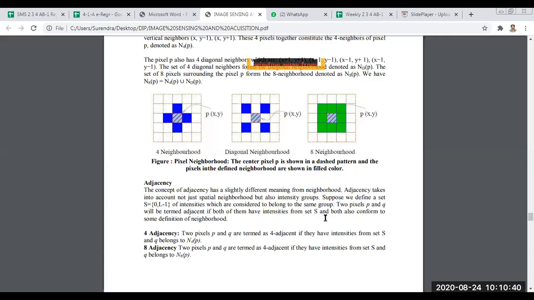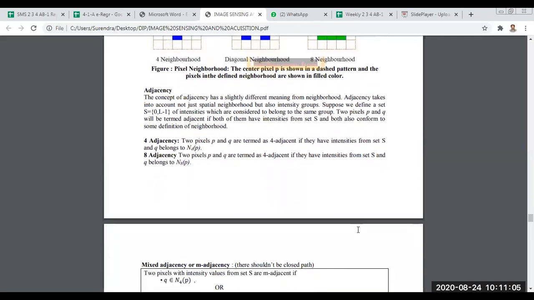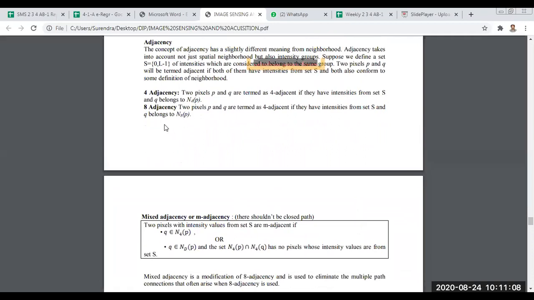So when q is adjacent to p, both pixels have the same intensities belonging to the set S, and q must be a neighbor of the first pixel p. Then only it is called an adjacent pixel.